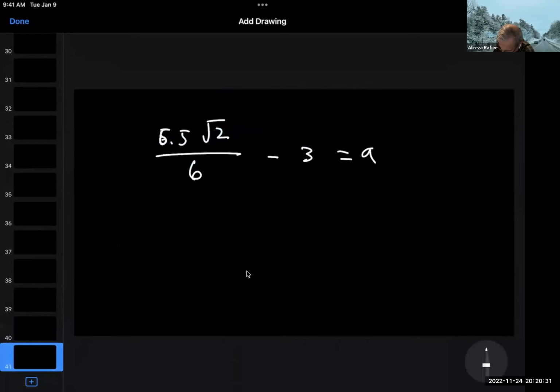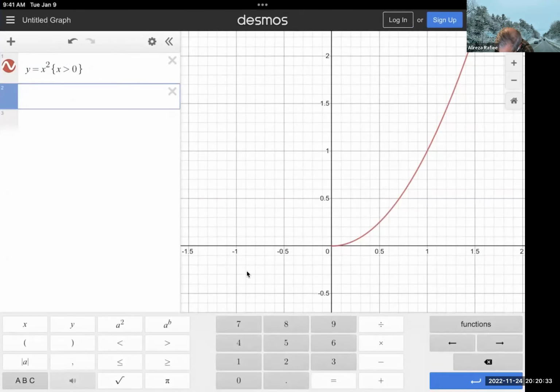How much is that? Well, I don't know. So 6.5 times root 2, everything divided by 6, then minus 3.